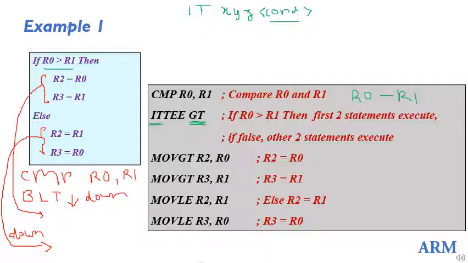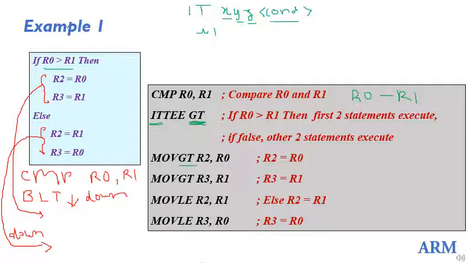Now I have to substitute for X, Y, Z. As I have told, the first instruction will be executed if this condition is satisfied. So the instruction condition should be the same as the condition in the IT instruction.